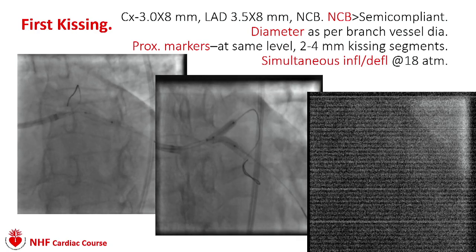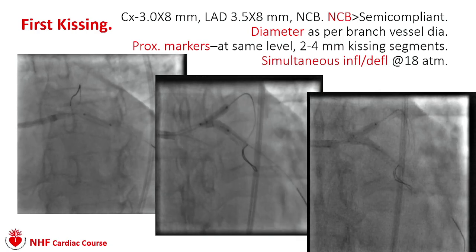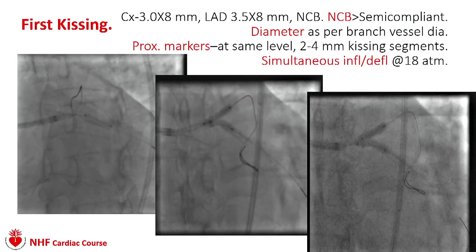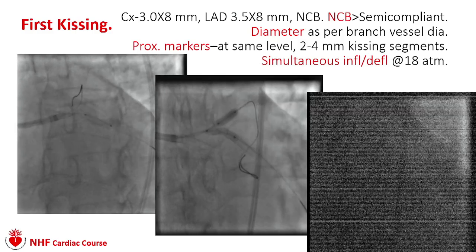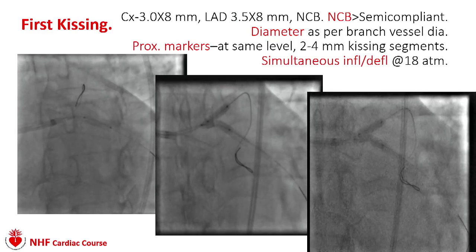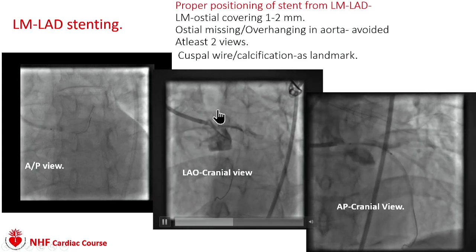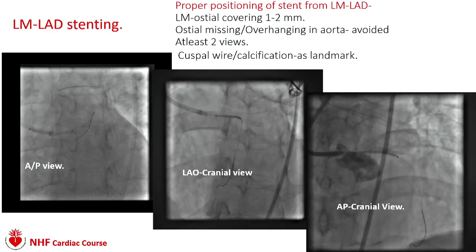So this is the first kiss with balloons in the LAD and LCX simultaneously, at higher pressure, usually 12, but sometimes you may need to go up to 18 ATM. After the first kiss, comes left main to LAD stenting.